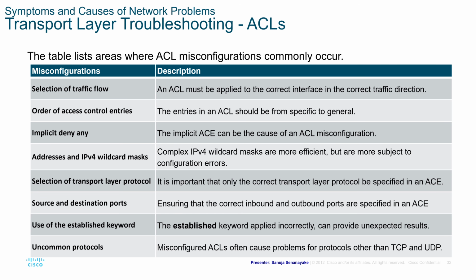Addresses and IPv4 wildcard mask. Complex IPv4 wildcard masks are more efficient, but are more subject to configuration errors. Because remember, wildcard masks are things that you have to manually enter into your access control list ACE, the access control entry.